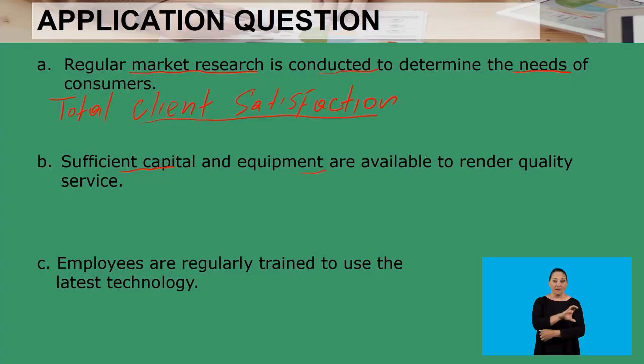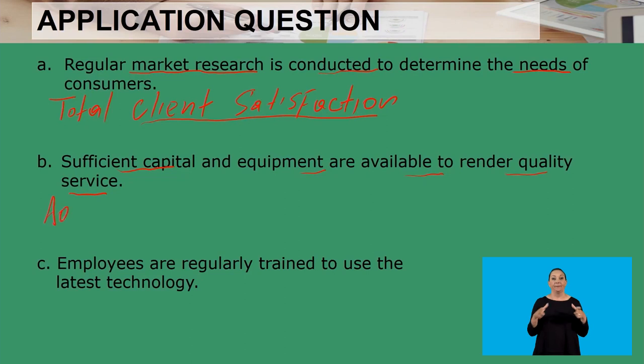So sufficient capital and equipment are available to render quality services. This is to say the business has enough capital, meaning money, to render services to clients. Which element talks about the business, especially a large business, having more than the small business?